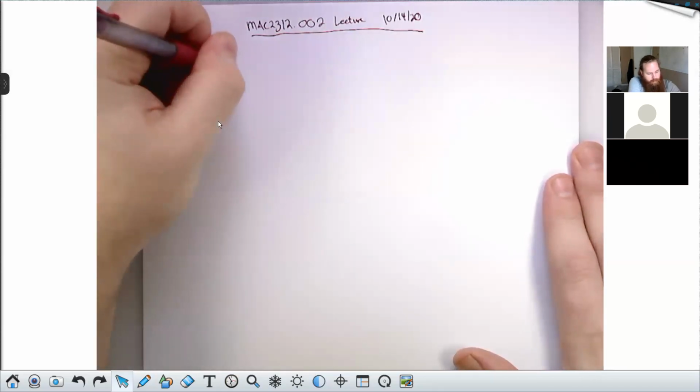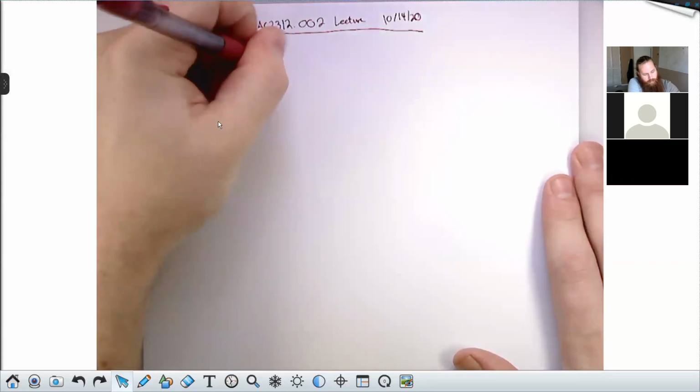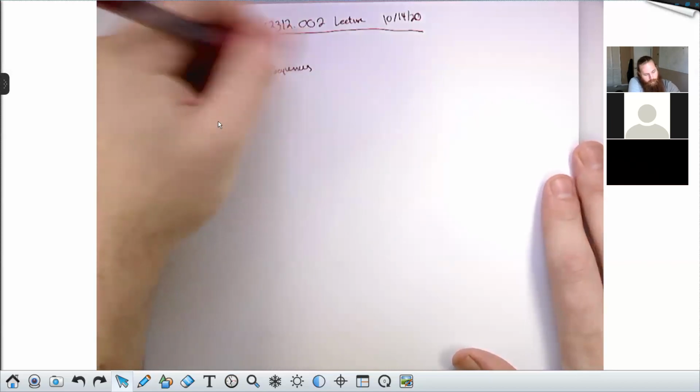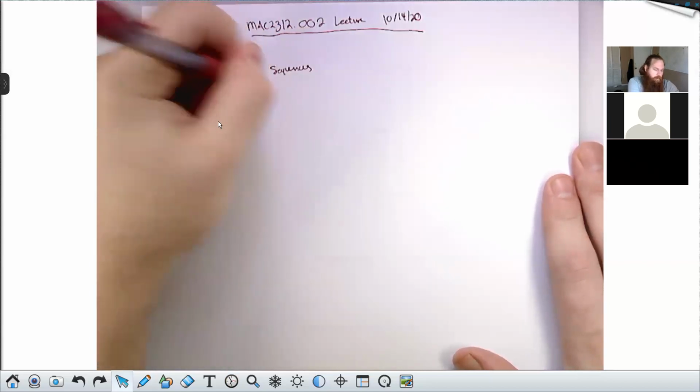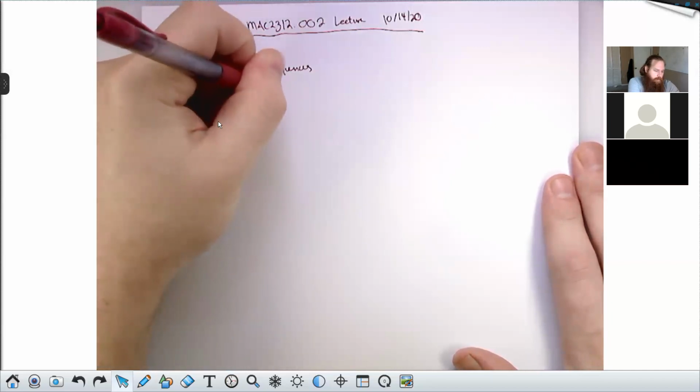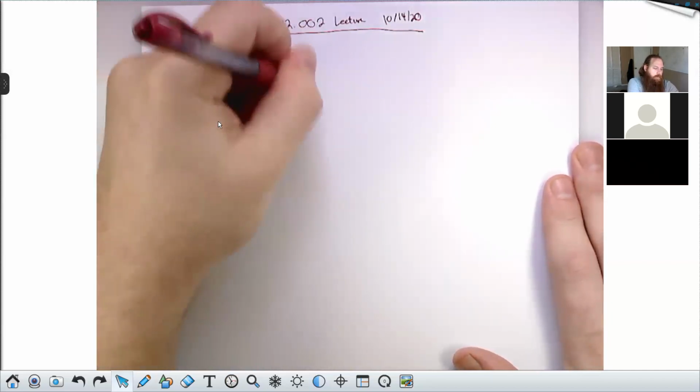Today we're going to talk more about sequences. Particularly, we're going to learn about limits and convergence. We'll look at the graphs of sequences.